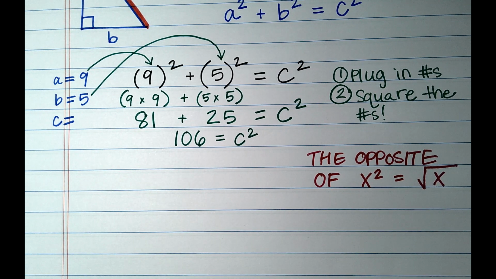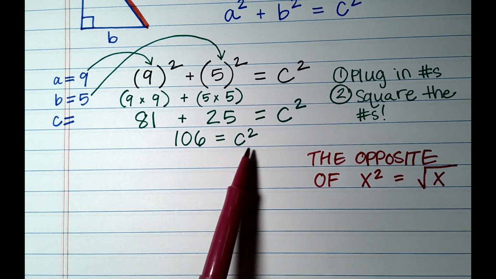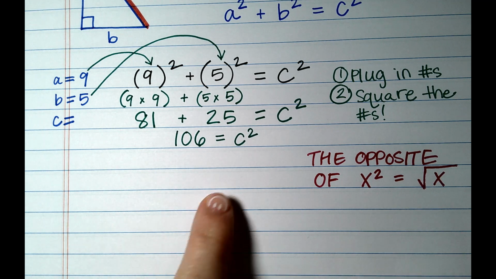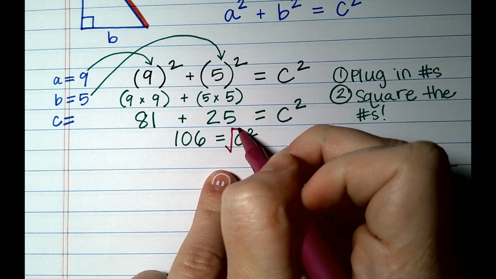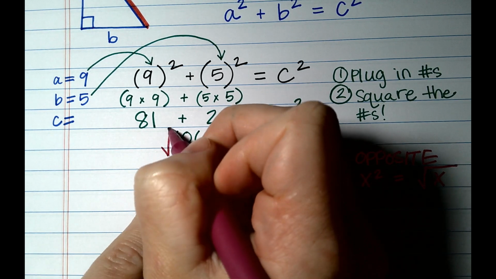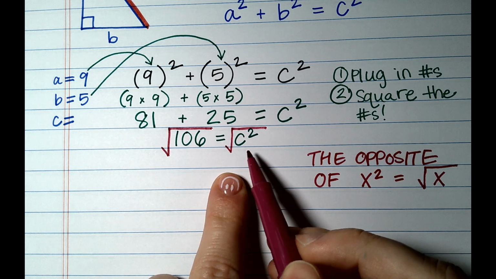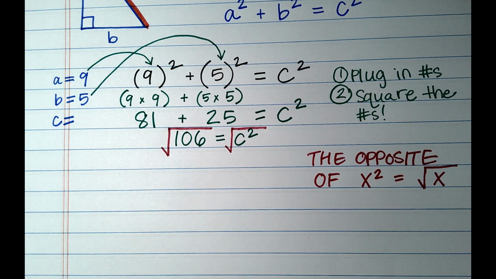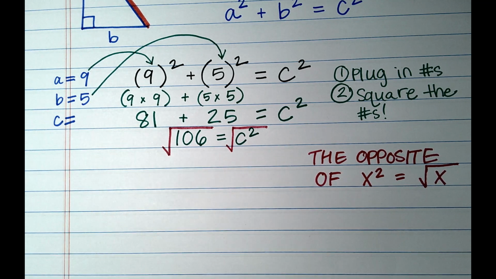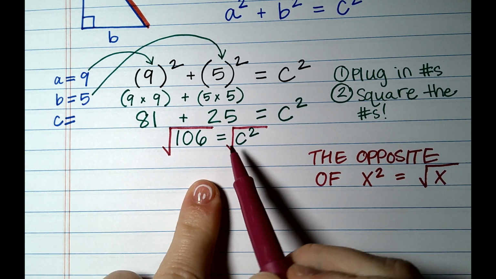So to get the square root of c squared, that's going to get rid of that squared and make it c all by itself. We need to find the square root of both sides. Remember, a square root just means I'm asking what can I multiply by itself to get this answer?